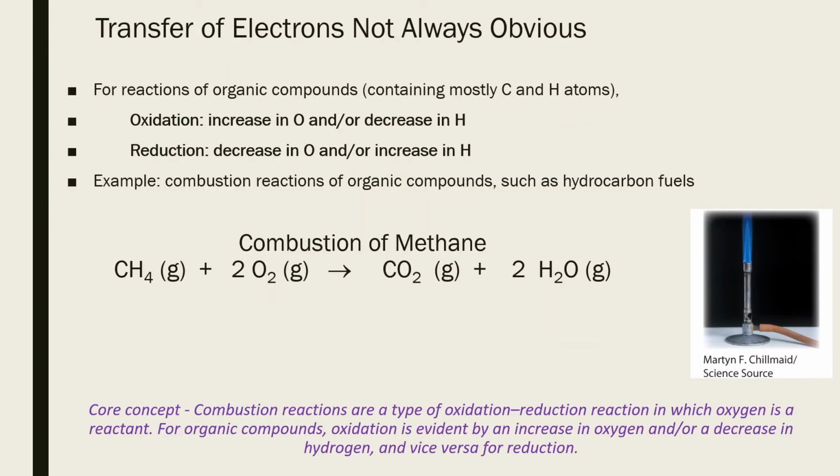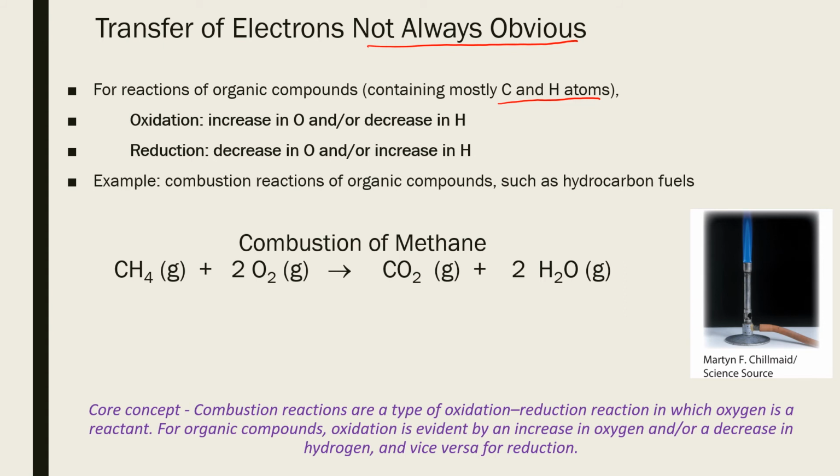In the oxidation and reduction reactions of an organic compound, the transfer of electrons is not obvious. We know that organic compounds are those molecules which mainly consist of carbon and hydrogen atoms. So therefore, in these reactions, it is easier to look for an increase in oxygen or decrease in hydrogen as the indicator of oxidation process.